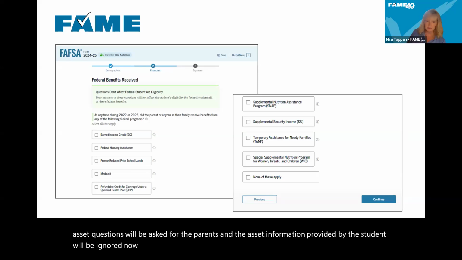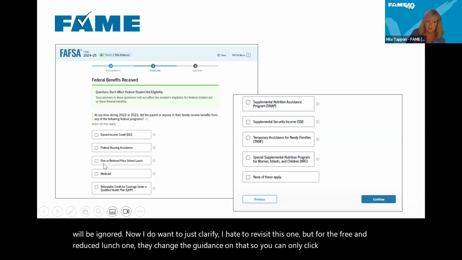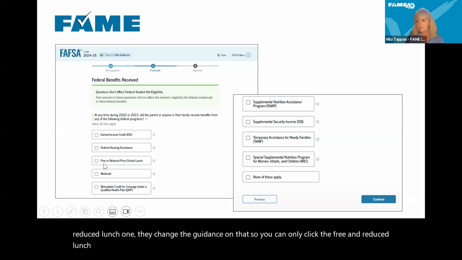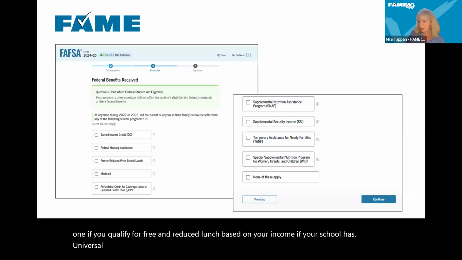Now, I do want to just clarify, I hate to revisit this one, but for the free and reduced lunch one, they changed the guidance on that. So you can only click the free and reduced lunch one if you qualify for free and reduced lunch based on your income. If your school has universal free and reduced lunch, you cannot automatically check yes to that question.